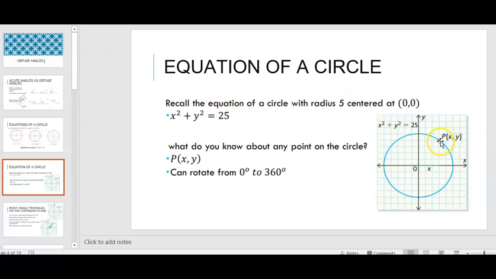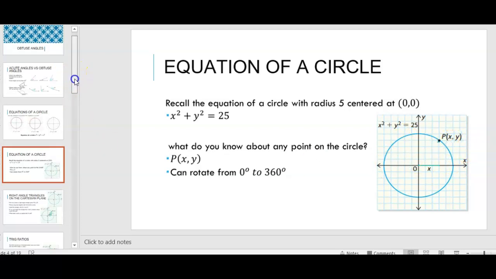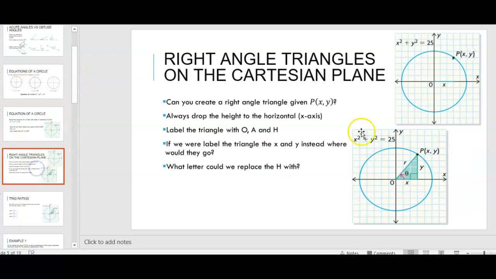And if we choose any point P on the circle, then that point can move around from 0 degrees anywhere in a circle up to 360 degrees. So the circle is 360 degrees, and our point P can be at any point of the circle with coordinates x and y.